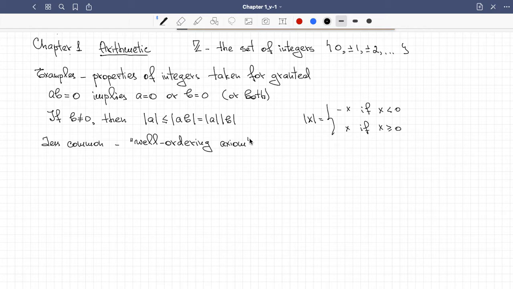That axiom tells us that every non-empty set of non-negative integers contains its smallest element.